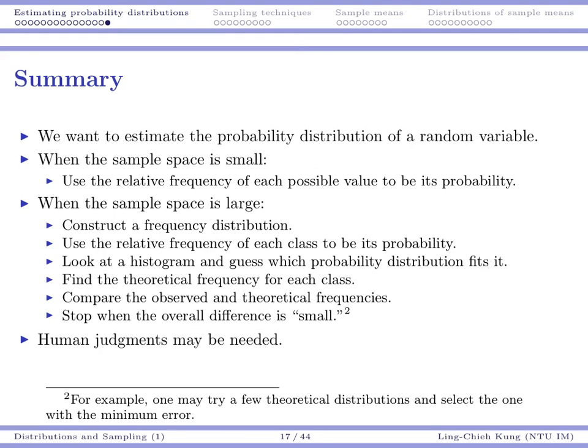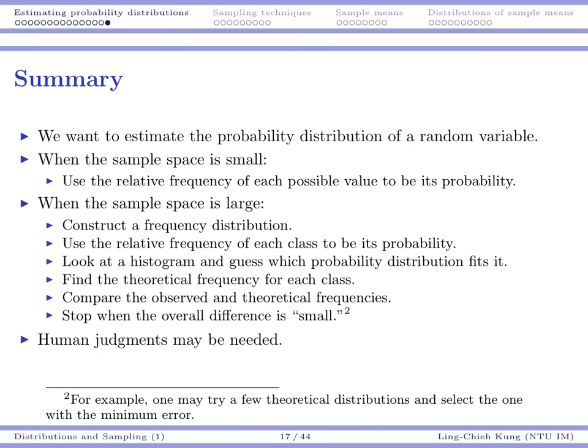So let me make a quick summary. What we want to do is to estimate the theoretical probability distribution of a random variable. We have no idea about that because that's a property of the population. So we use a sample to do the estimation. When the sample space is small, we only have a few possible outcomes.